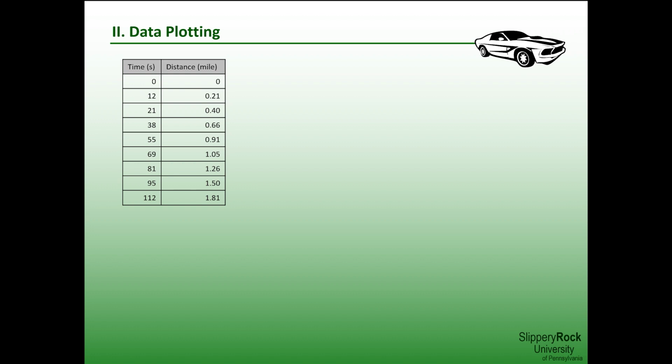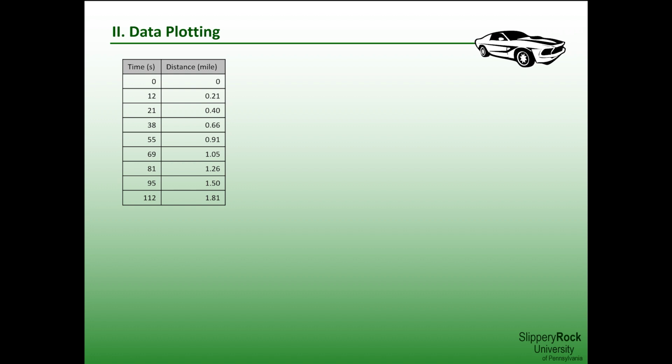Our measurements start at time 0 with a distance of 0, and they go all the way up to 112 seconds, where the distance covered is 1.81 miles. Take note that the distance traveled by the vehicle increases linearly as time progresses.